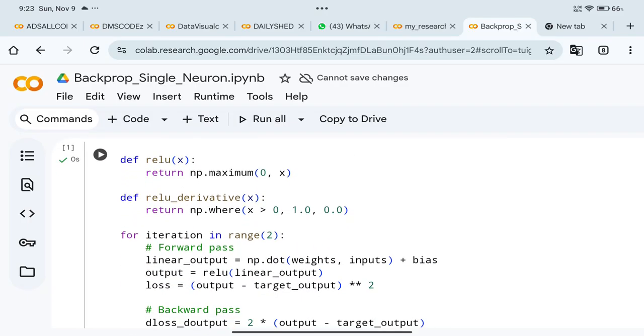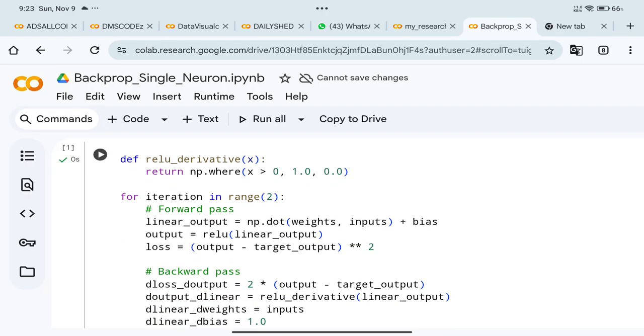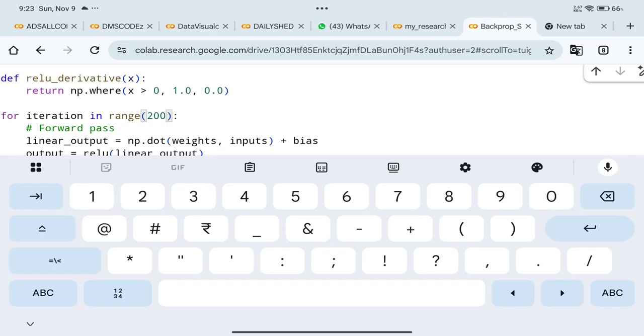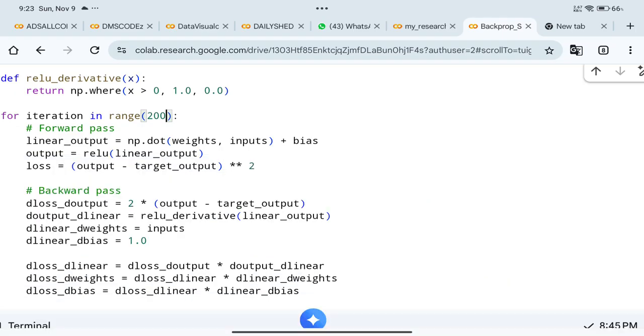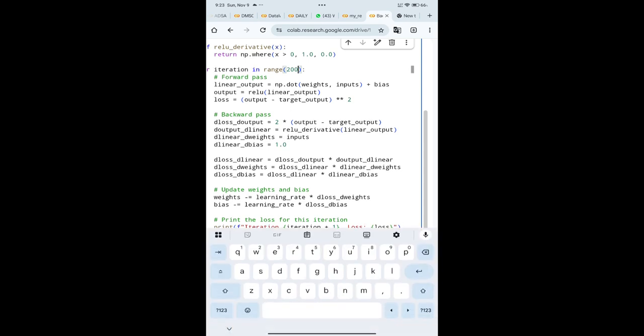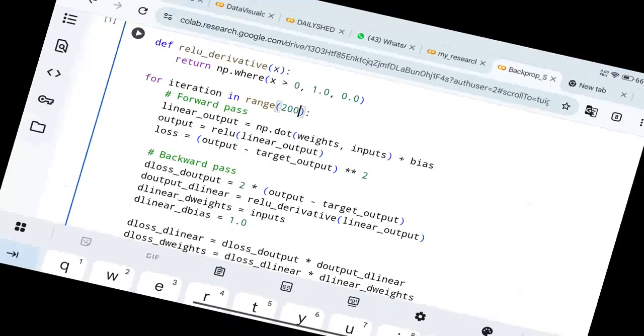Now listen here. What we are doing, I am writing only 2 iterations. Suppose I write 200 iterations. In this condition, how will it work? Okay, I will check. Sorry for that.